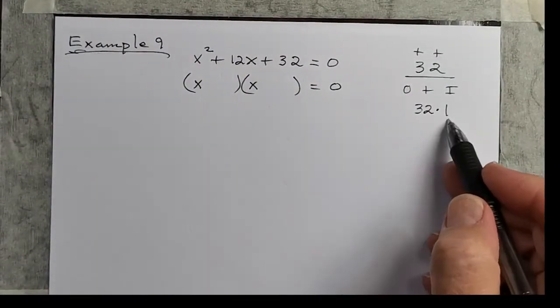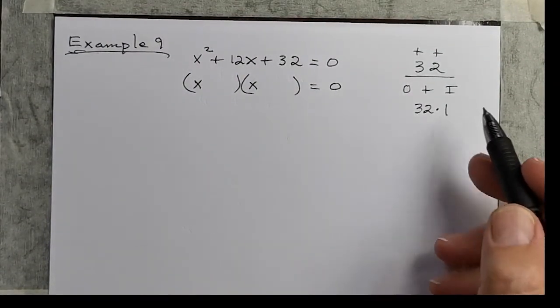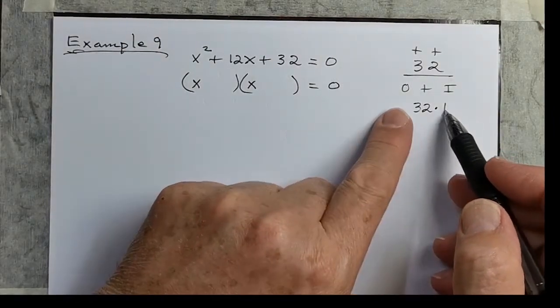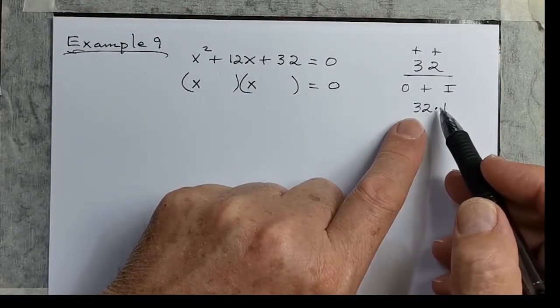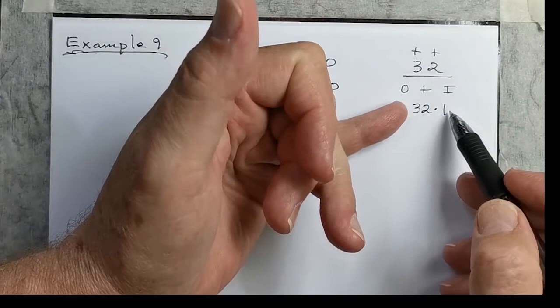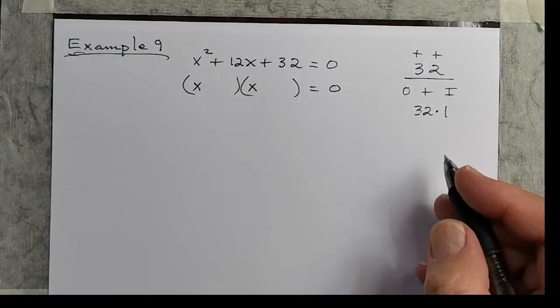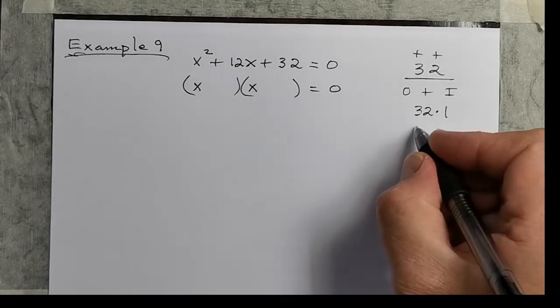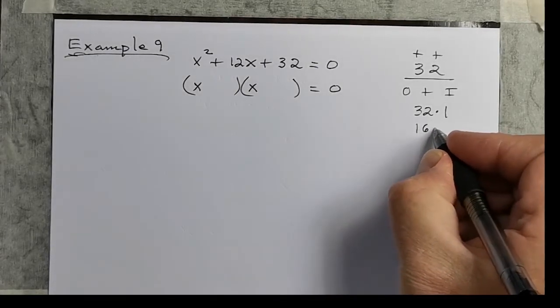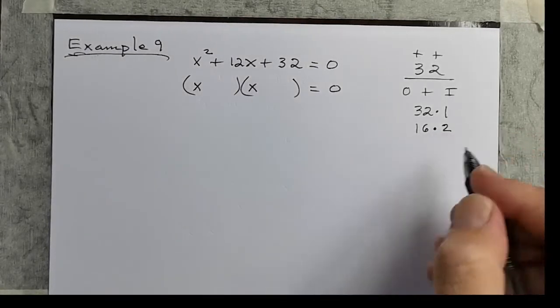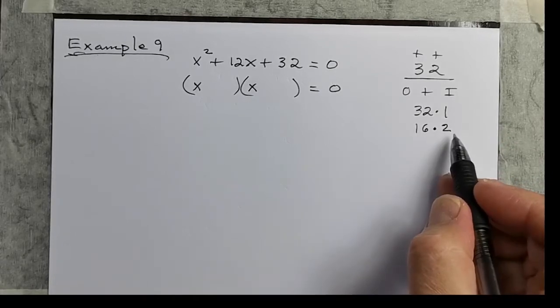Positive 32 times positive 1. And the outer plus the inner, that's going to be these two added together here. So 1 plus 32 is 33. Clearly, that doesn't work. We could also do 16 times 2. What's 16 plus 2? 18.